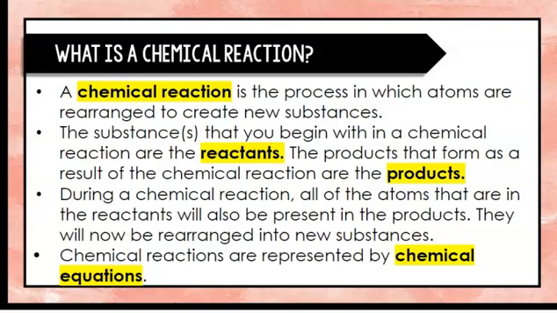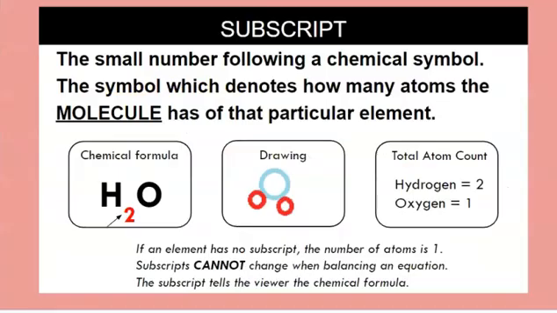Chemical reactions are represented by chemical equations. Before we look at an example of a chemical reaction, let's review a little bit about chemical formulas. The small number following a chemical symbol, which denotes how many atoms the molecule has of that particular element, is called a subscript.